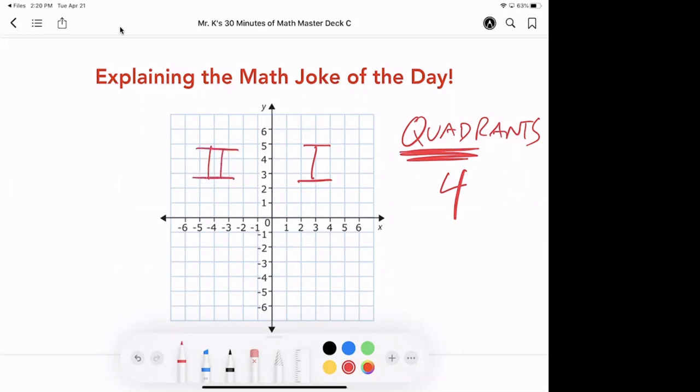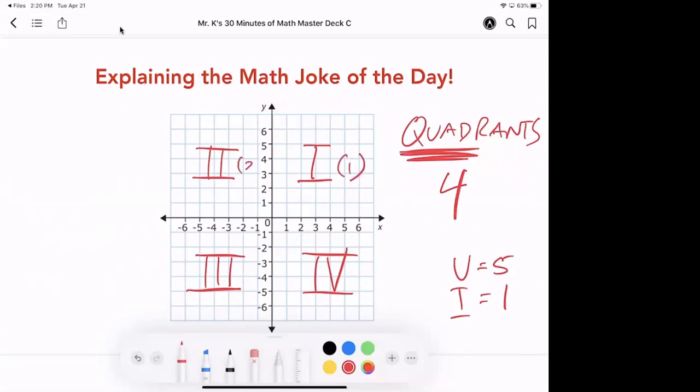Quadrant 2 is over here. Quadrant 3 is over here. And quadrant 4 is over here. Remember, the V in Roman numerals is 5, the I is 1, and when the I comes before the V, we subtract it. So 1, 2, 3, and 4.